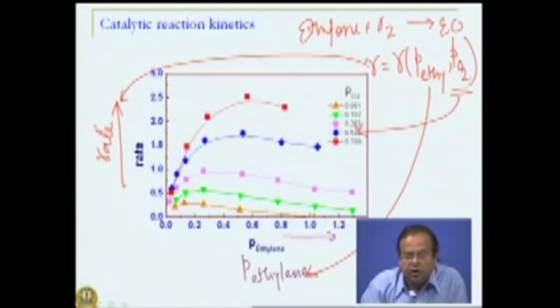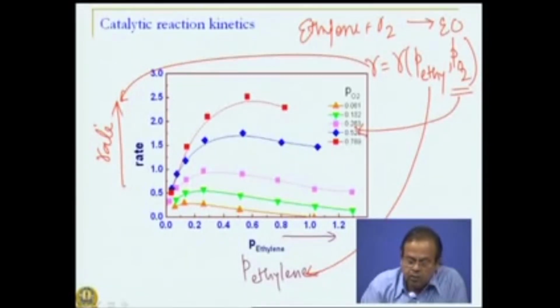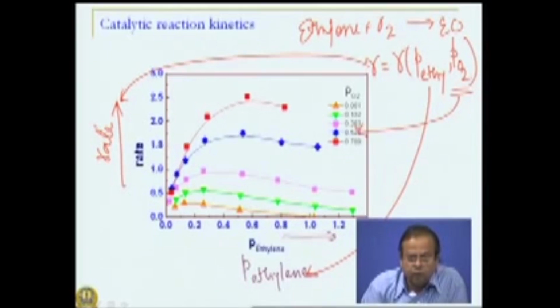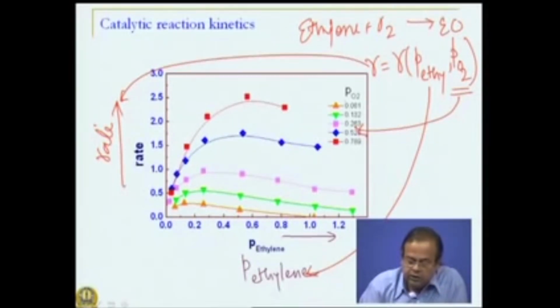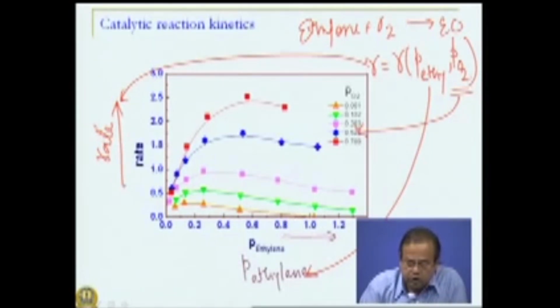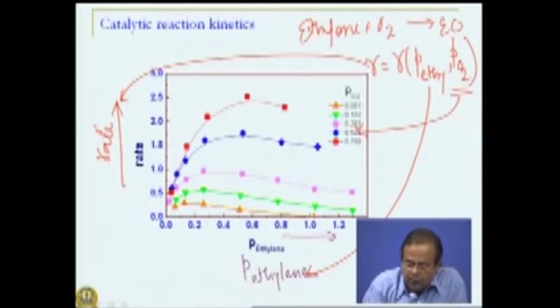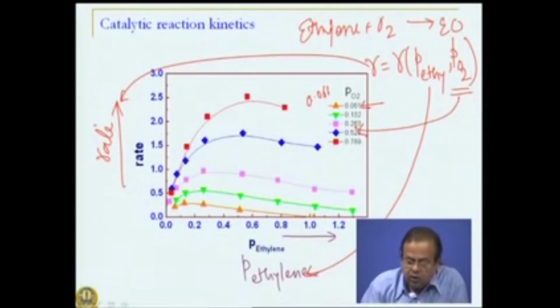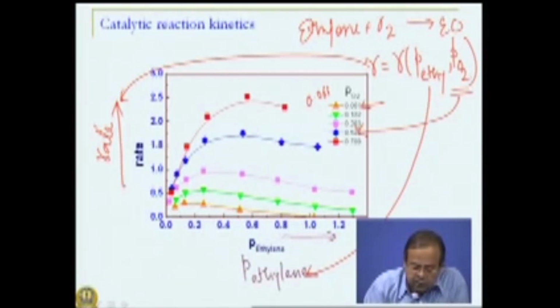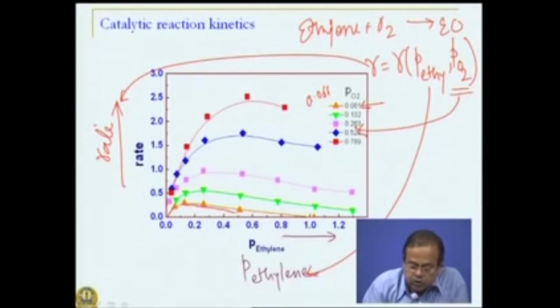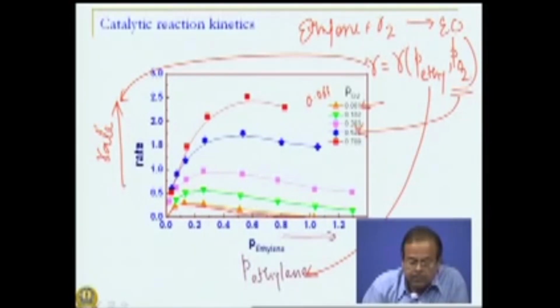These different colored symbols denote different values of oxygen concentration. When oxygen concentration is fixed at a low value, in this particular case 0.061 partial pressure, the rate follows this particular trend.